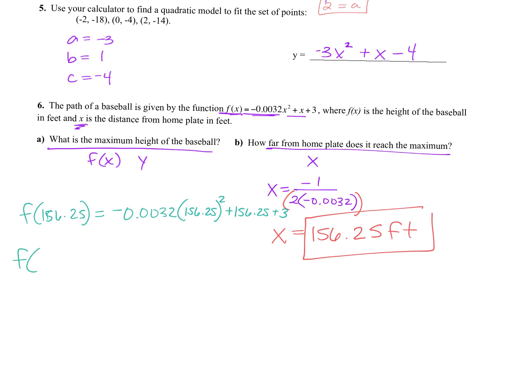So you get f of 156.25 equals, when you plug that in, what do you get? Anyone plug it in? 81.125. And what is that? What's the maximum height of the baseball? Still feet, right? 81.125 feet high. Questions on that?